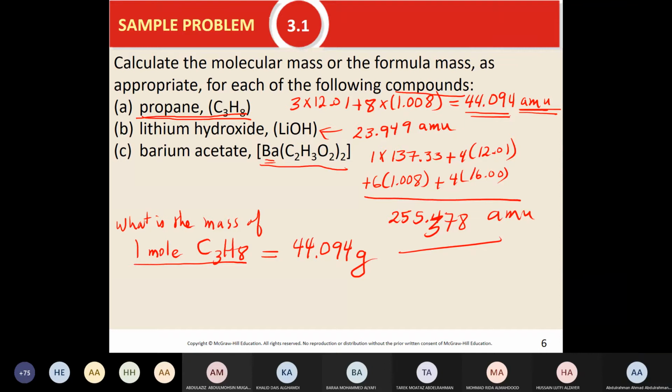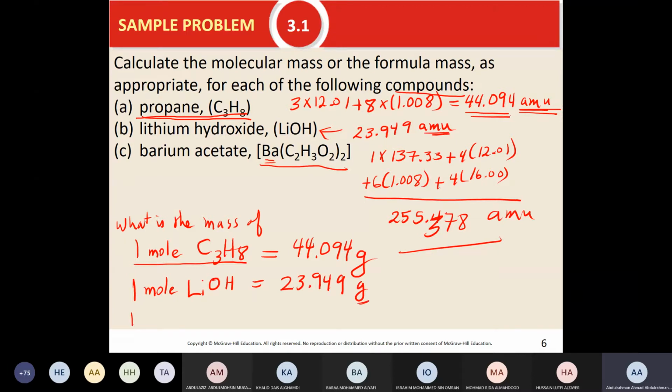How easy? Too easy. Okay, 1 mole of lithium hydroxide. How many grams is this? 23.949 gram. Instead of AMU, I change the unit to gram.